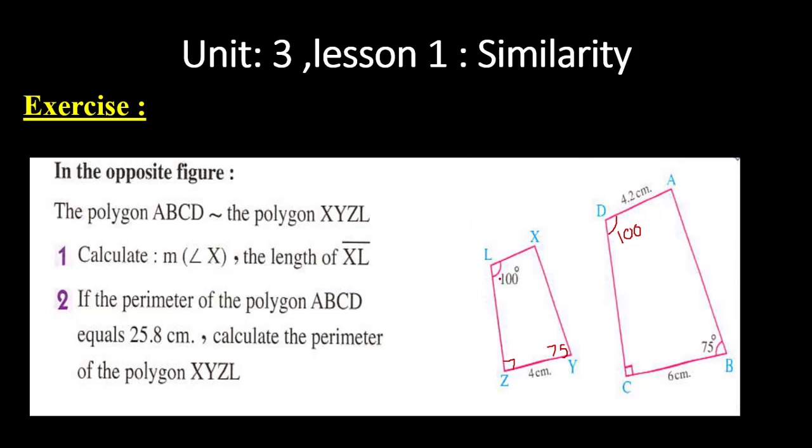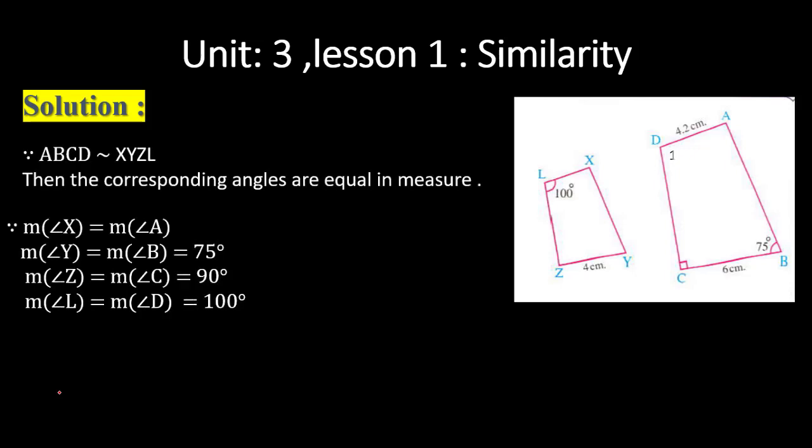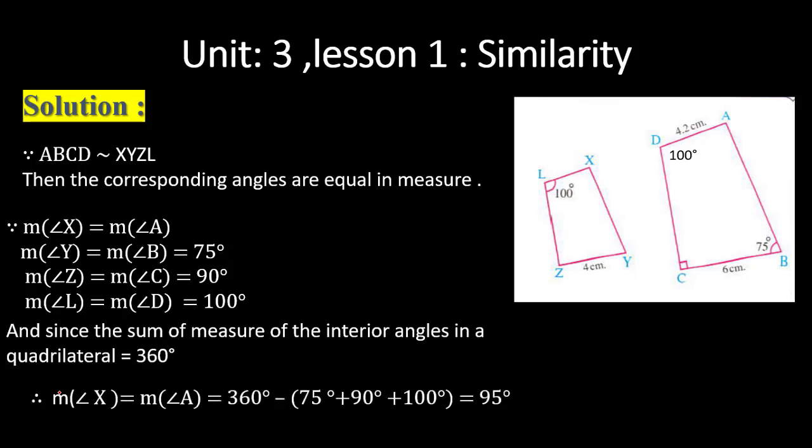So I'll subtract 100 plus 90 plus 75 from 360 to get the measure of angle X. So the measure of angle X will equal the measure of angle A, which is 360 minus 75 plus 90 plus 100. It will be 95 degrees.